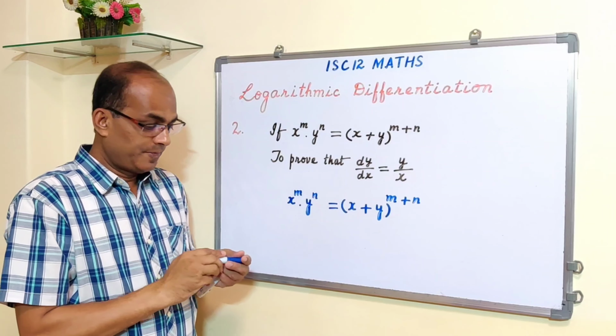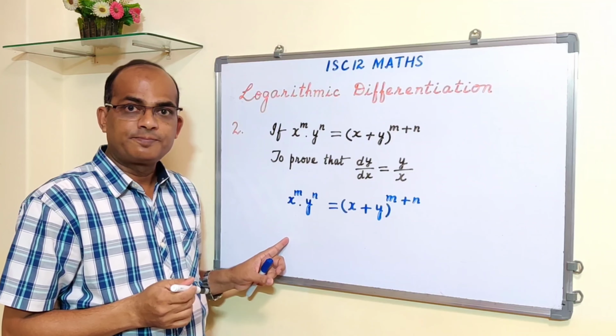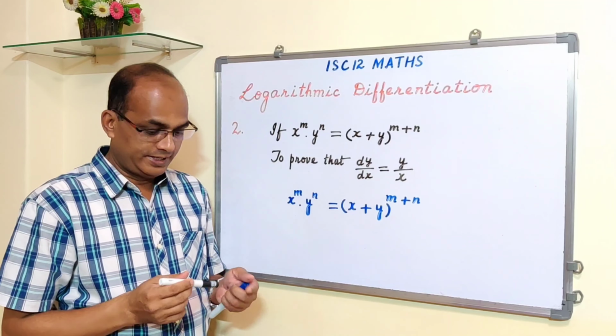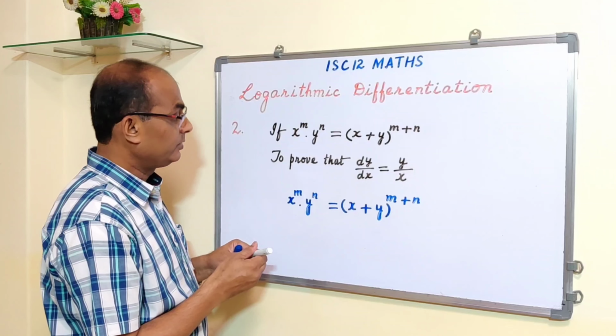Now we take log of both the sides. So write down, taking logarithm on both sides we get.